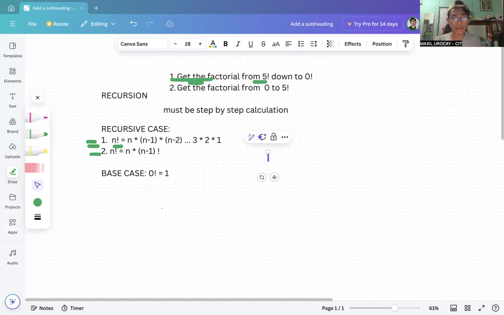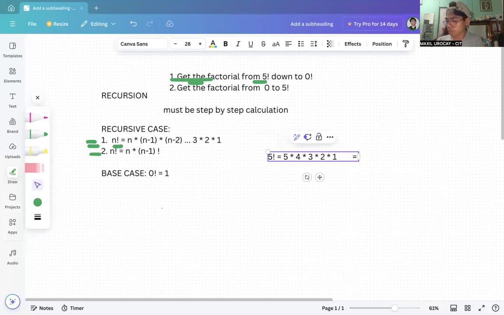So for 5 factorial, since 5 is your n, 5 times 5 minus 1, that will be 4, right? Then times 3, 2 and 1. So calculate: 5 times 4 times 3 times 2 times 1. That will be 120. So 120 will be your answer for factorial of 5 for the number 1 recursive cases.